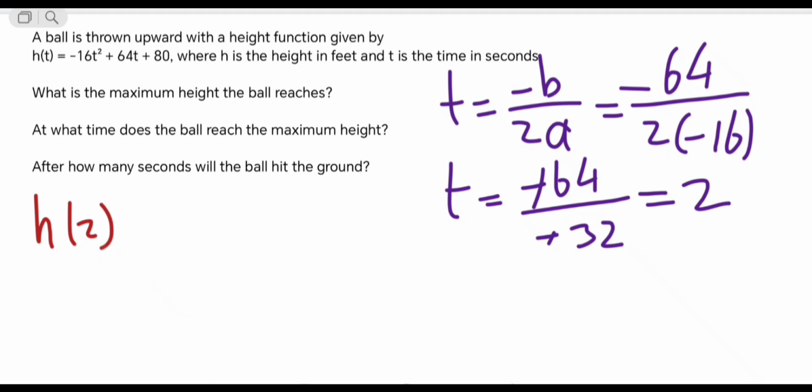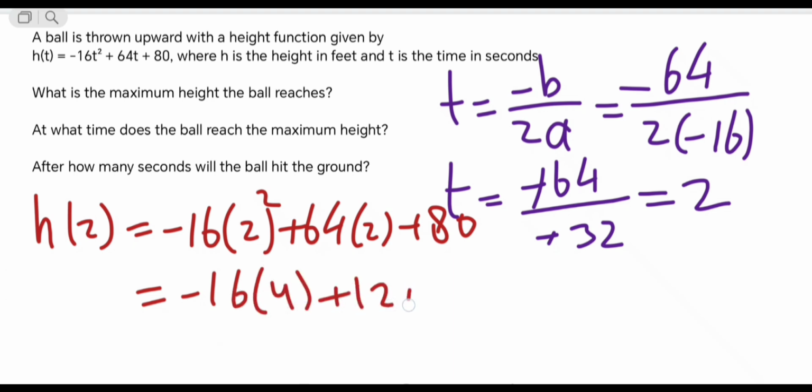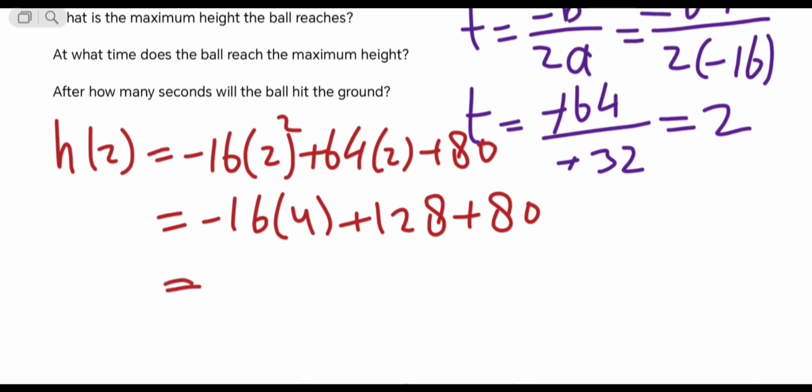Replace t in the function with 2. h of 2 equals minus 16 times 2 squared plus 64 times 2 plus 80. 2 squared is 4, minus 16 times 4 is minus 64. 64 multiplied by 2 equals 128, plus 80.